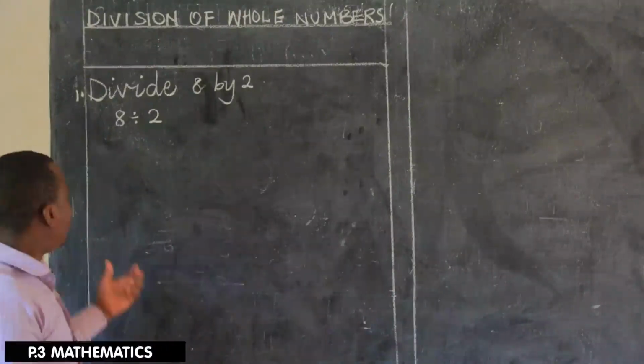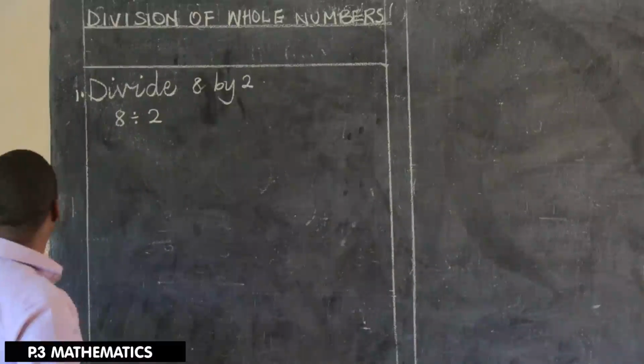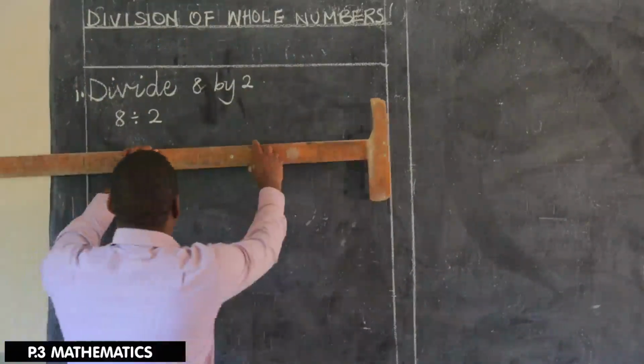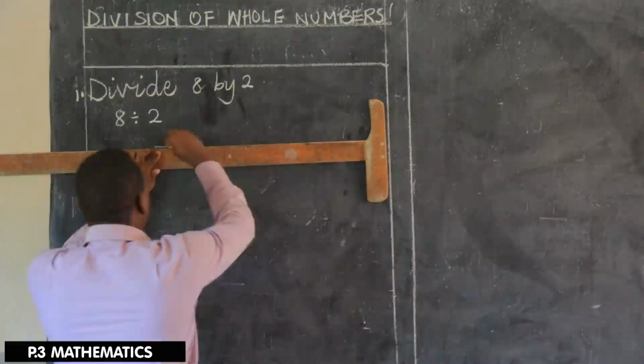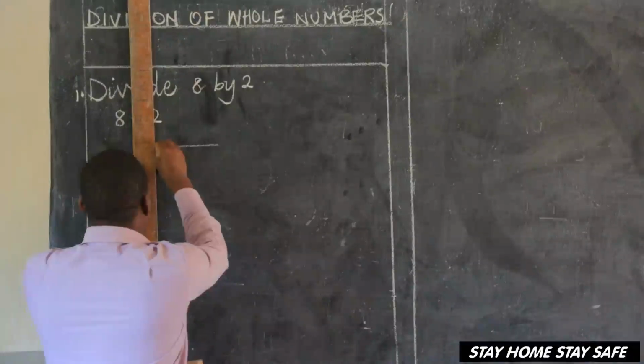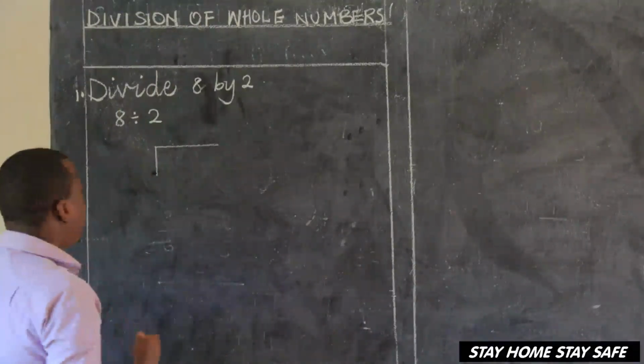Now, what are we supposed to do? We are going to bring what we call a long division symbol. So when I'm drawing a long division symbol, I draw a straight line. Then I can come and draw another straight vertical line.